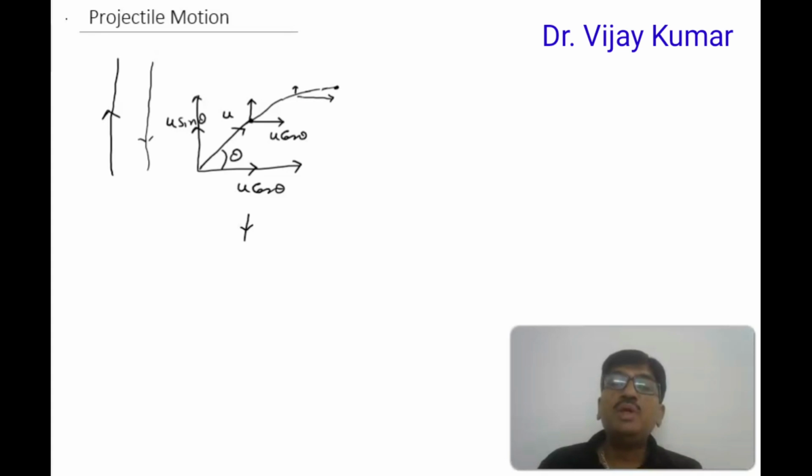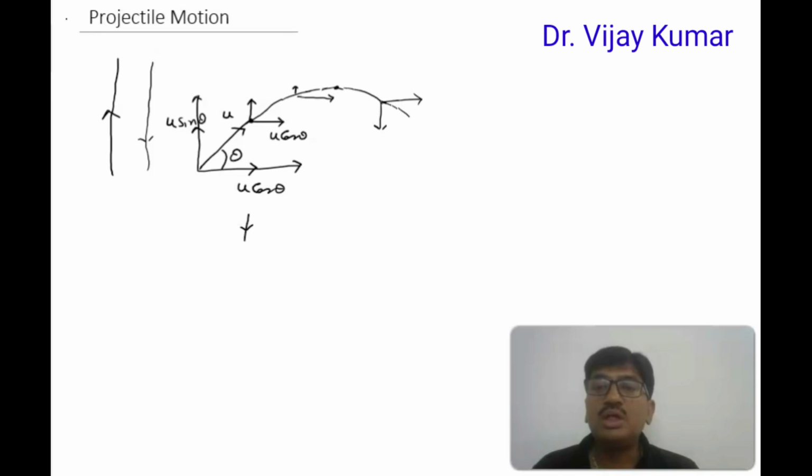So the particle is moving in this direction, and after this point, when the vertical component of the velocity becomes 0, the particle starts to move in the downward direction. The direction of the vertical component becomes reversed, and the particle moves downward.